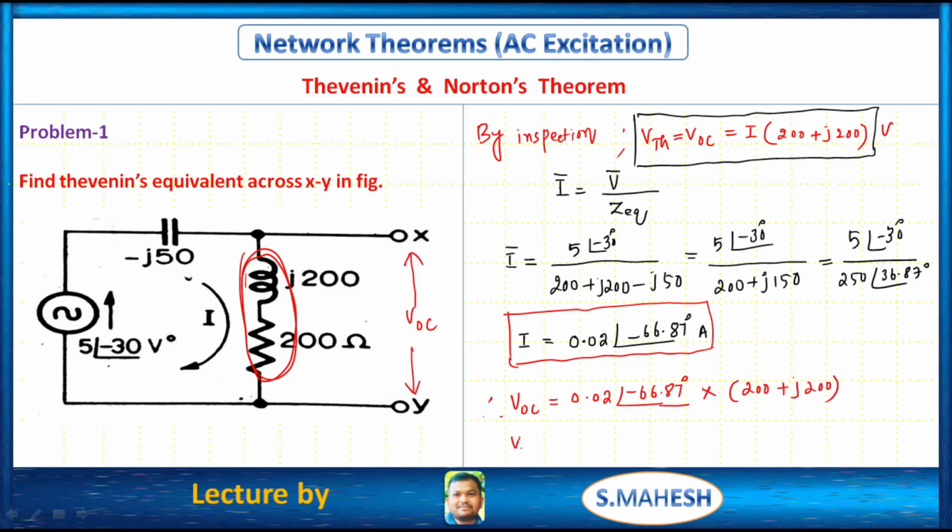So VOC is equal to 0.02 at an angle minus 66.87 times 282.45, and tan inverse of 200 by 200 is obviously 45 degrees.